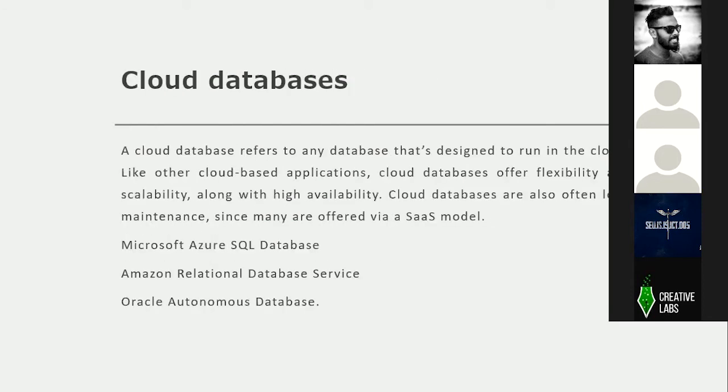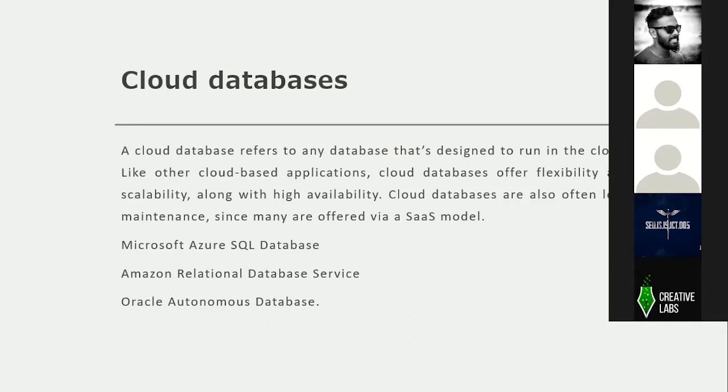And also we have cloud databases. So now in the current era, in 2021, we have a thing called cloud. We have AWS, we have Azure, we have Google Cloud Platform, and we have Alibaba Platform. So there are so many cloud providers, right?